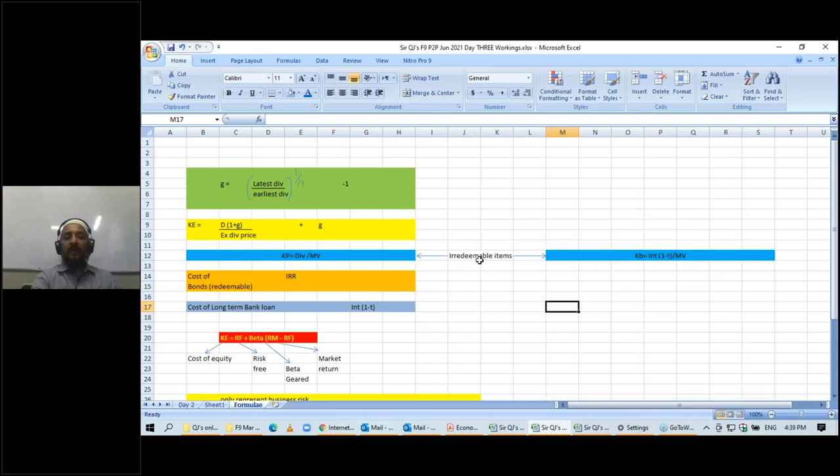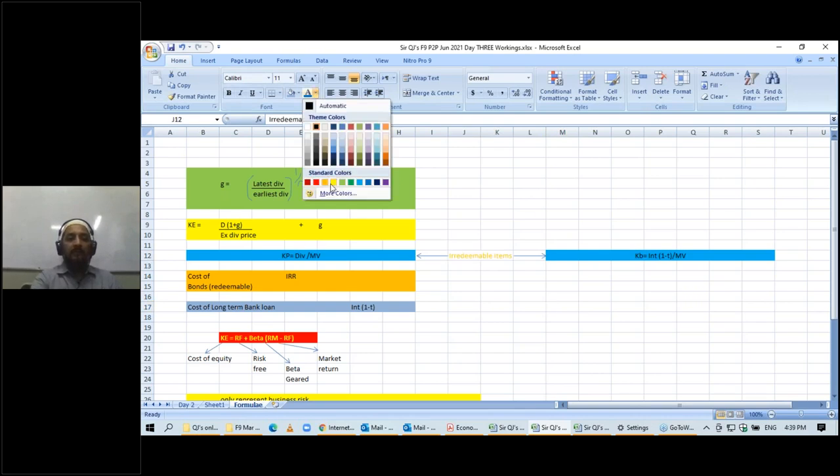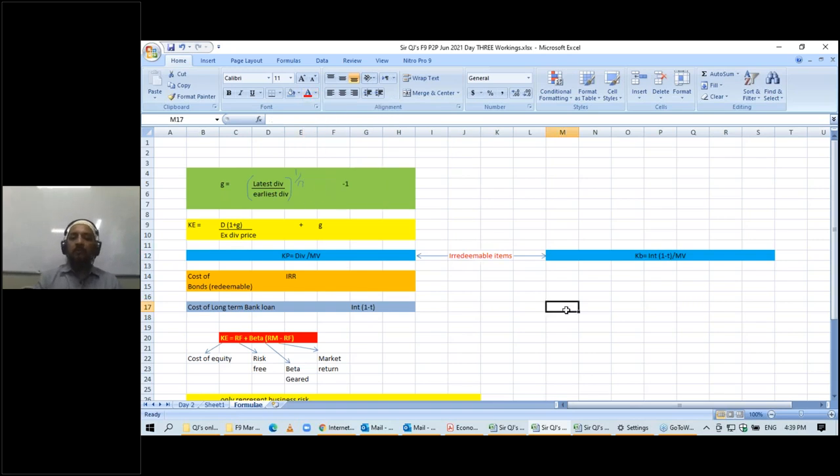So for irredeemable items, the cost of preference shares is dividend divided by market value, and cost of bond, if it is irredeemable, is interest times 1 minus tax rate, and IRR is used in case the bond is redeemable.